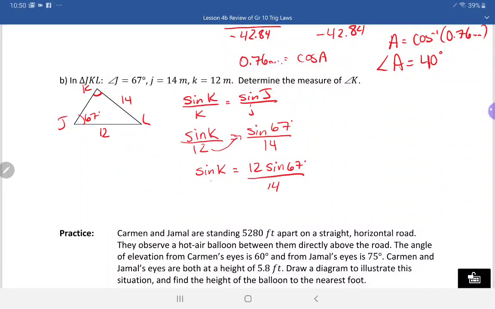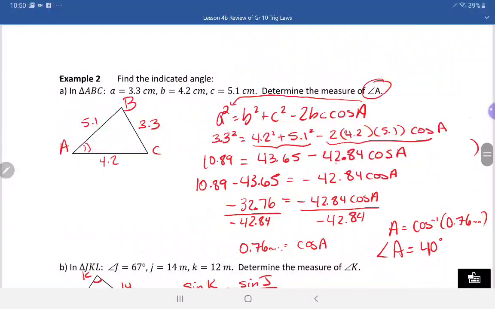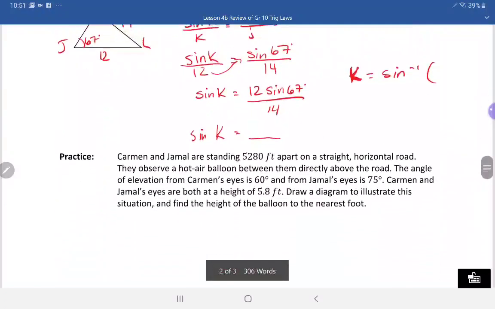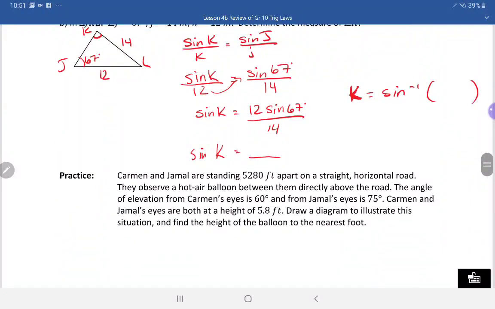And then to get rid of the sine, we'll have to do the sine inverse. So we're going to end up with sine k equals some decimal, whatever that turns out to be. And then to get angle K, we're going to do the sine inverse of that decimal. So we ended up with a decimal of 0.789, keeps on going. We take the sine inverse of 0.789 and we get angle K to be a 52-degree angle.